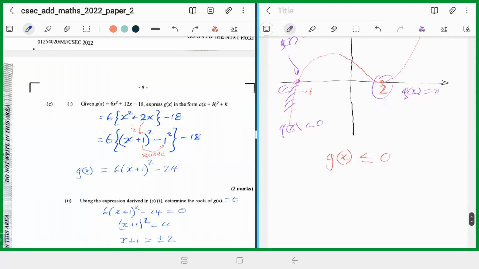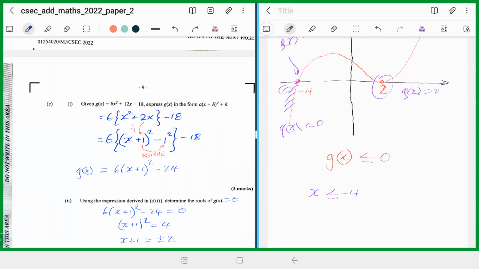Now, what would the answer for this be? You have to refer to that part here. So you just say the solution for this is that your x would be less than or equal to negative 4.